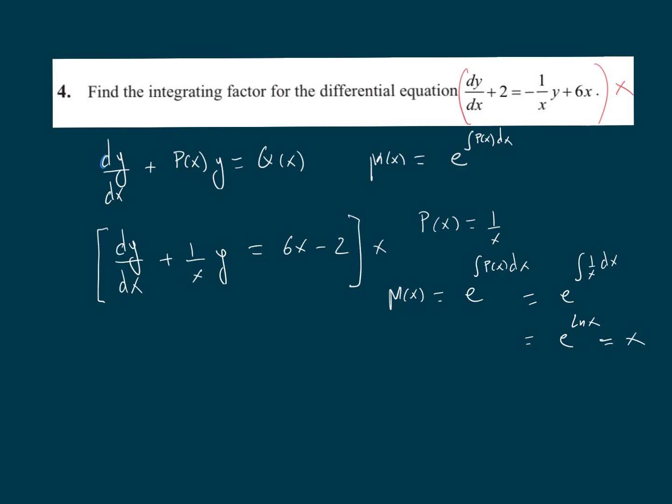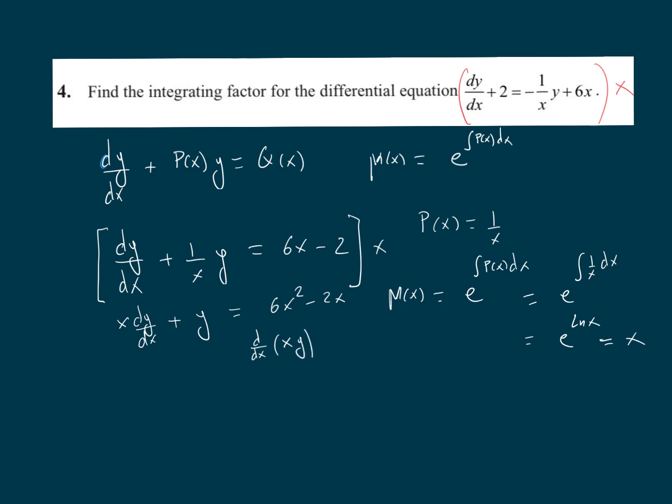You multiply everything by x, and now you have a new equation that says x times the derivative of y with respect to x plus y equals 6x squared minus 2x. What we have done is that the left side of the equation can be written as the derivative with respect to x of the integrating factor x times y.